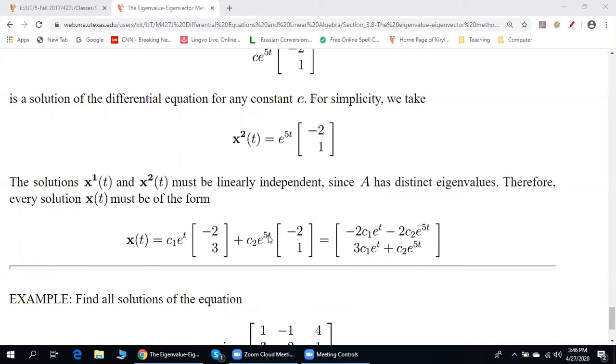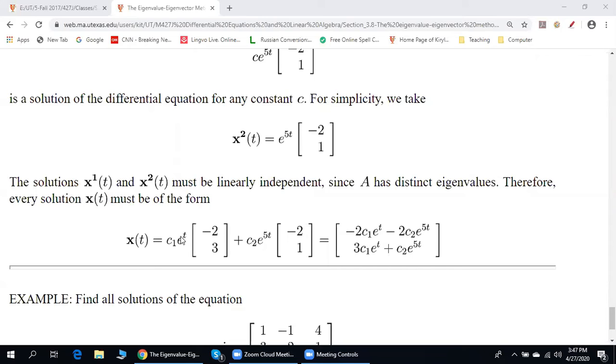So therefore, looking at this example, if both eigenvalues are positive, all solutions are unstable. Moreover, if one eigenvalue is negative, but the other eigenvalue is positive, again, all solutions are unstable because this term goes to infinity.